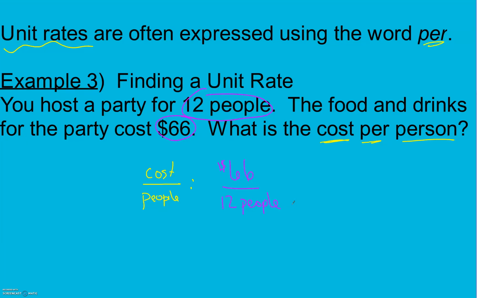Now we want the cost per person, so we take 66 divided by 12. When we do that, we get $5.50 per one person. We can also rewrite that as $5.50 per person.